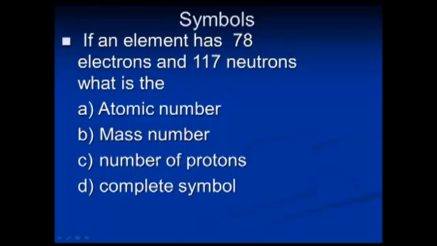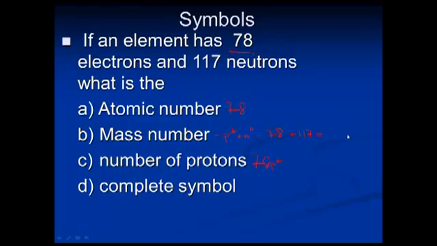Okay, we've got 78 electrons on this one. So 78 electrons means we also have 78 protons. 78 protons also gives us our atomic number. Mass number is equal to protons plus neutrons. Well, I've got 78 protons plus 117 neutrons.